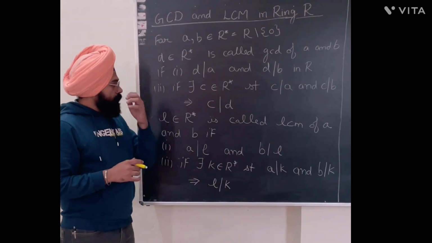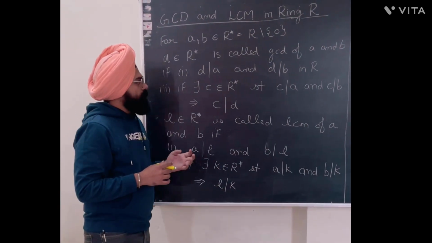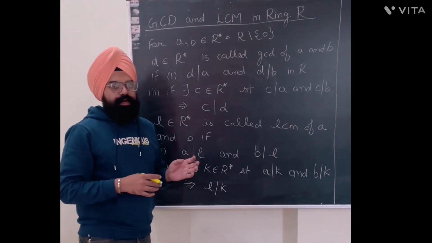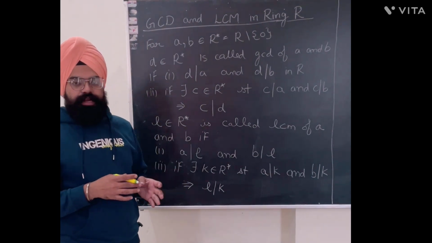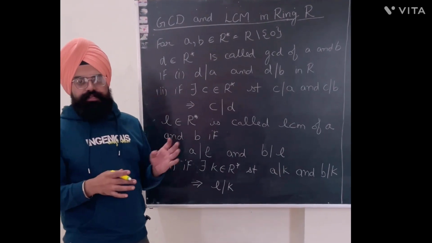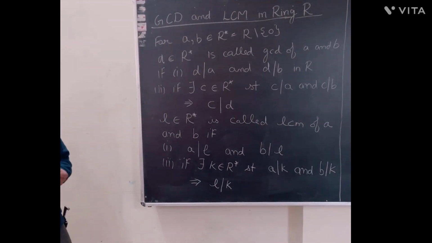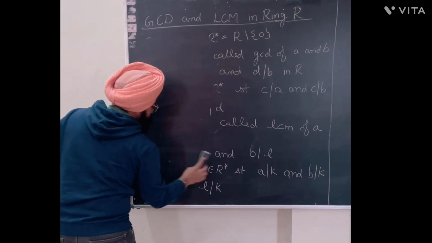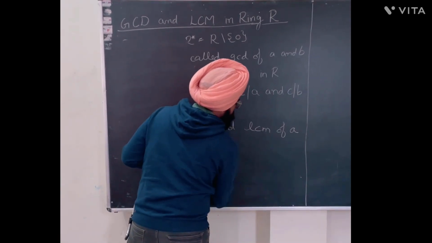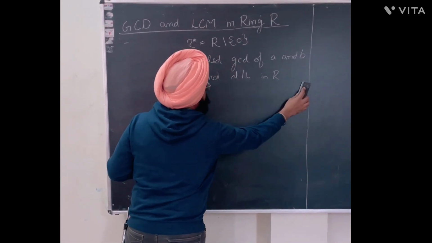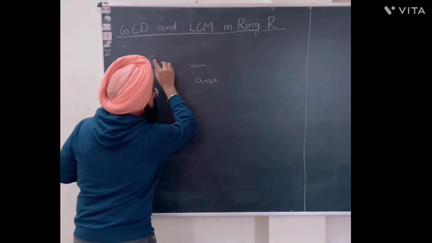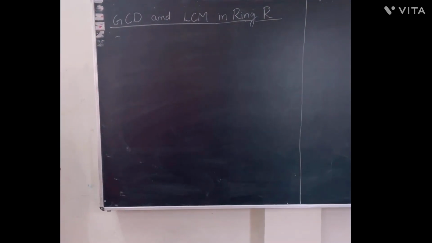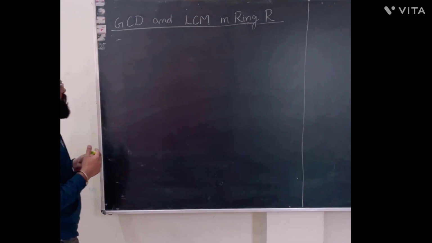Now we will do one important counterexample: it is not necessary that in every ring the GCD and LCM will exist for any two numbers. We will do one example in which we come across two numbers for which GCD and LCM do not exist.